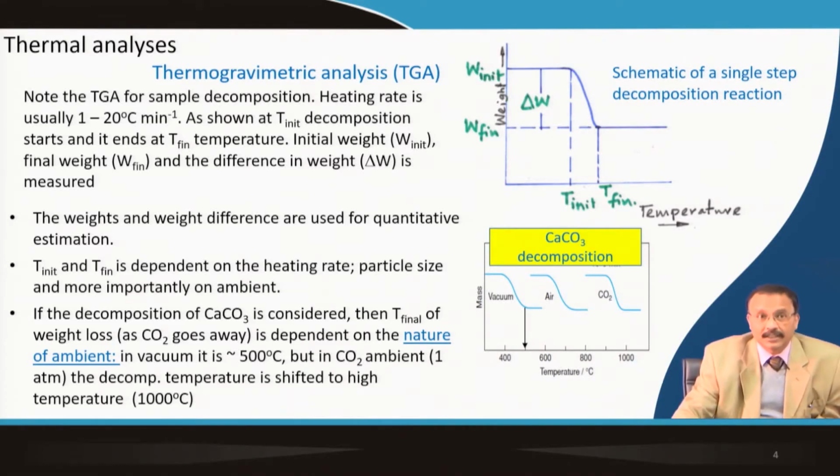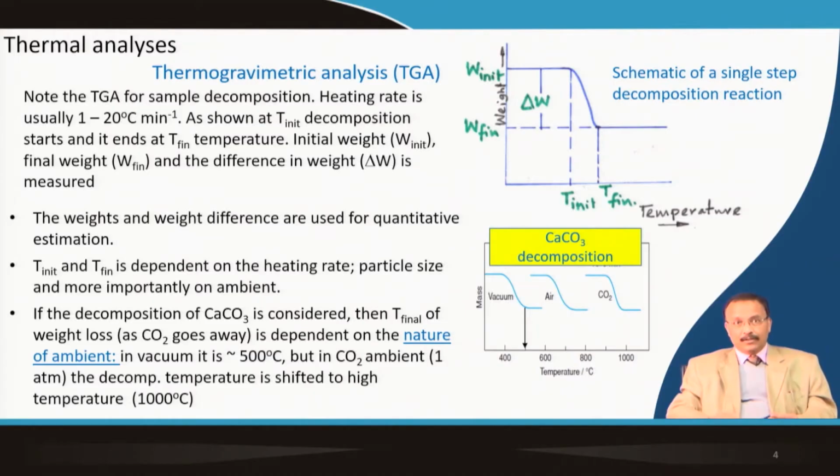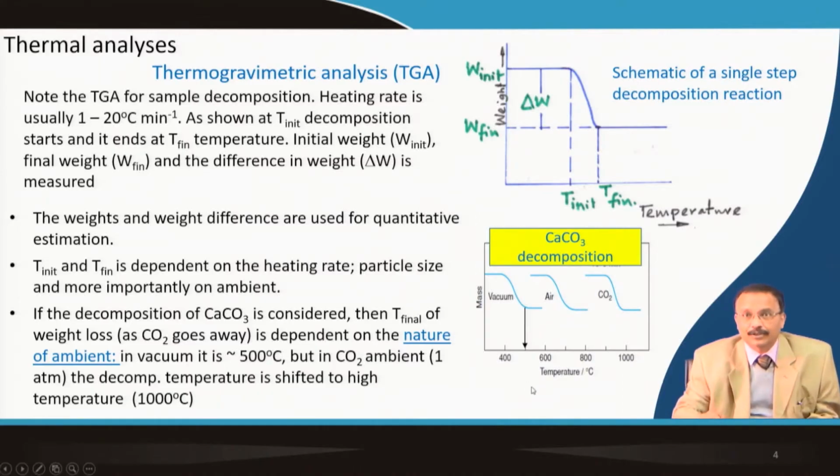So, it depends on the nature of the ambient. If you do the same experiment in vacuum, it is about 500 degrees Celsius where all the weight stabilizes, and it forms calcium oxide. But if you maintain a pure air ambient, then this temperature increases, and if you maintain an ambient of carbon dioxide at 1 atmosphere, this decomposition temperature is shifted to a very high temperature, about 1000 degrees Celsius. So, it is important that you report at what particular ambient this kind of decomposition reaction is taking place.